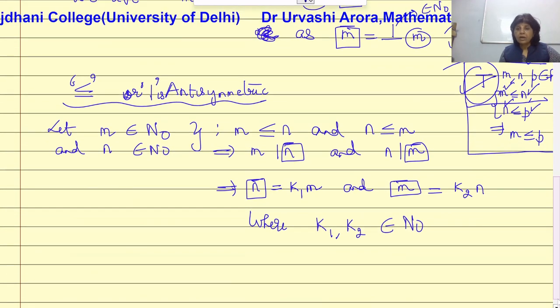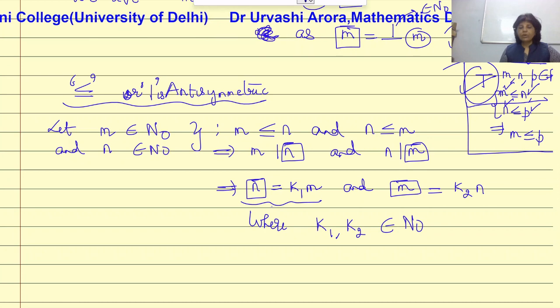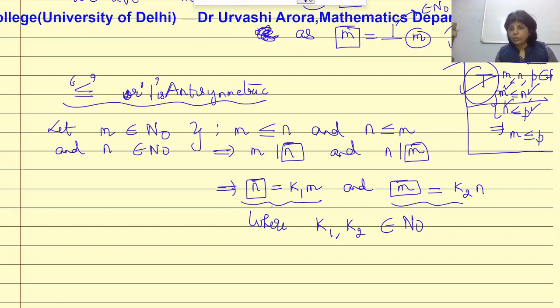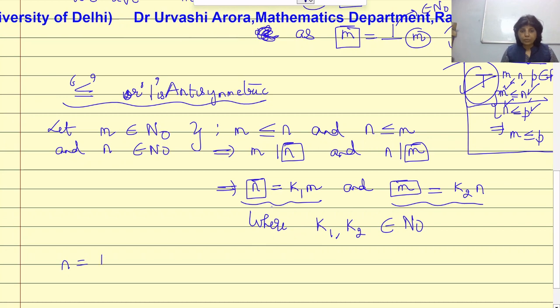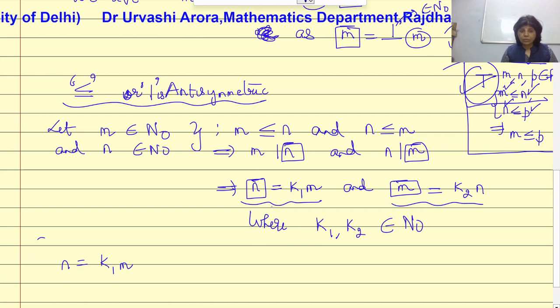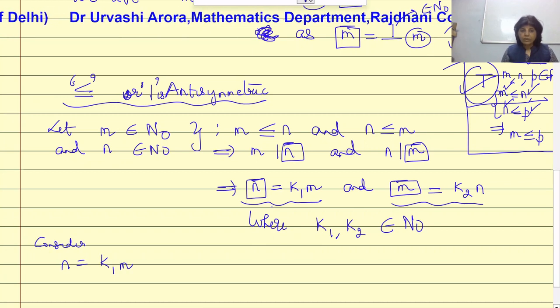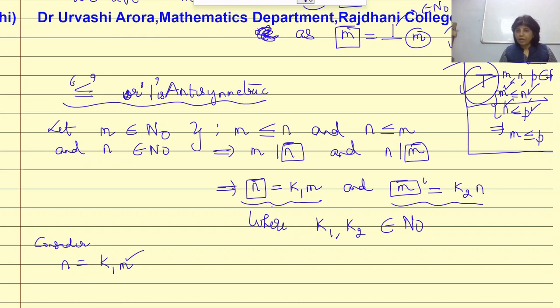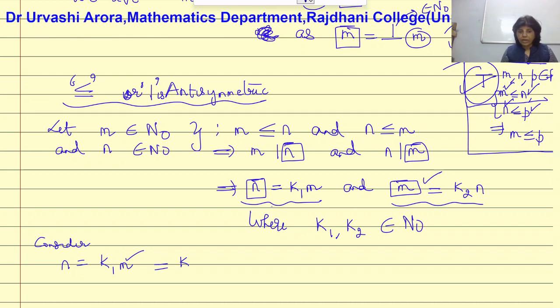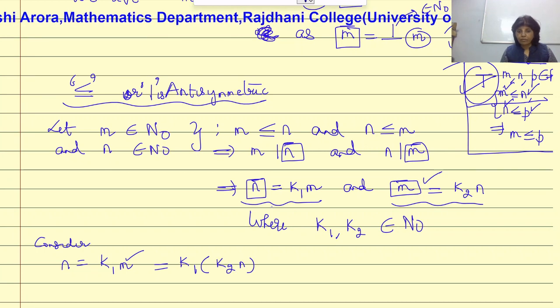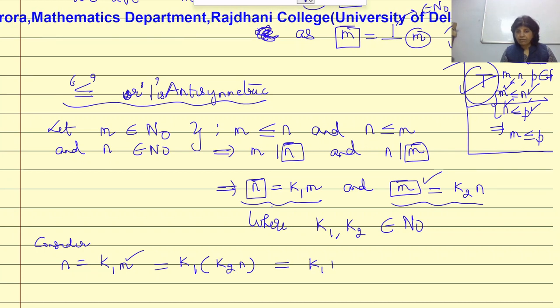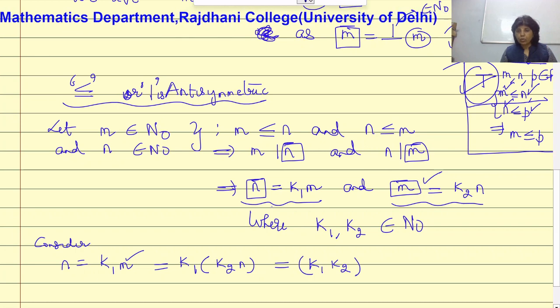So now these are the two expressions that you have: n is equal to k1 m and m is equal to k2 n, and consider any of the two. So let me take n is equal to k1 m, consider this one. Now in this expression put the value of m from here, so this is equal to k1 into k2 n, I am putting the value of m. Now this can be written as k1 k2 into n.